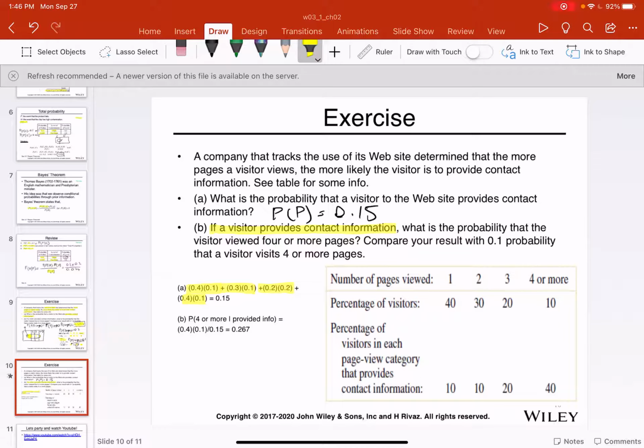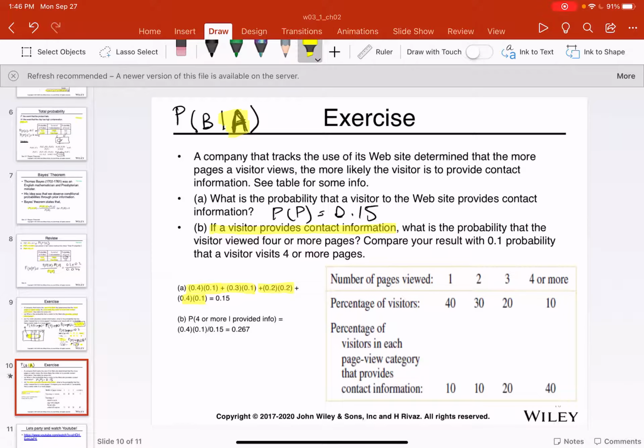So we usually say, if A happened, what's the probability of B, right? So when we say in English, oh, if a visitor provides contact information, that means that A has already happened, right? We start with the condition in English, right?